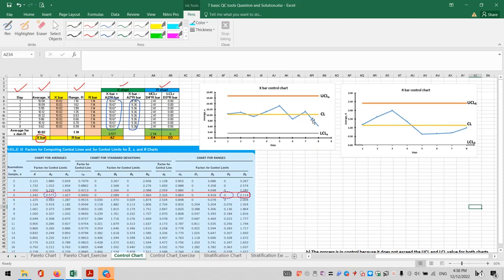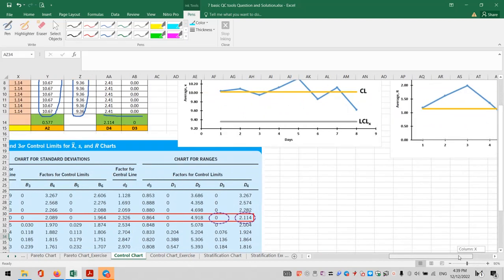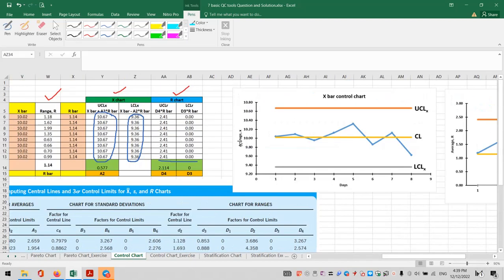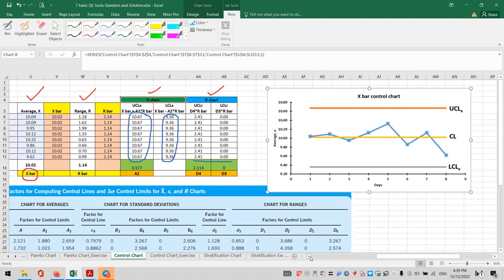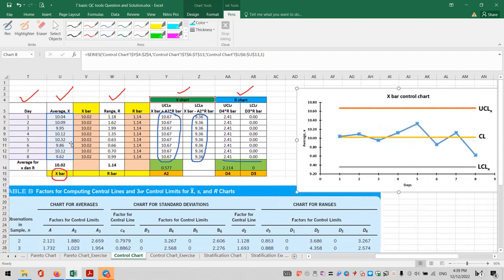To plot the control chart, you need to plot two types of control chart: the X bar control chart and the R bar control chart. This Y axis is referring to the average X, plotted versus day.